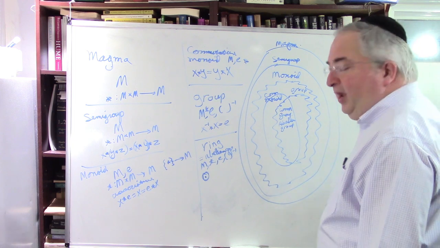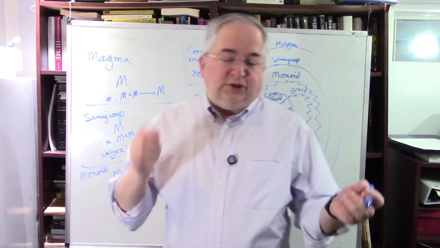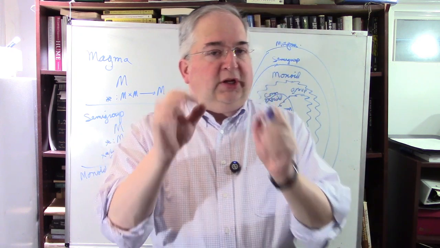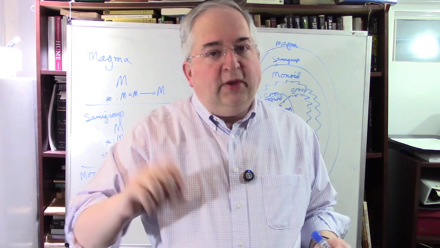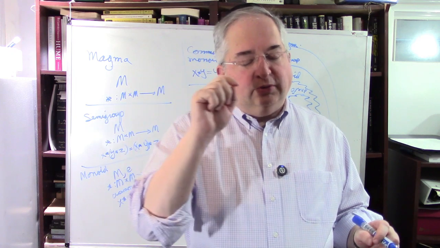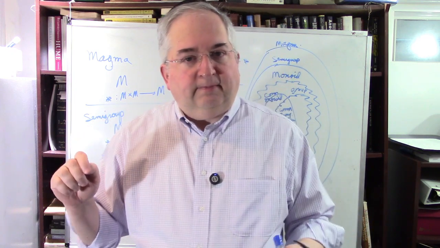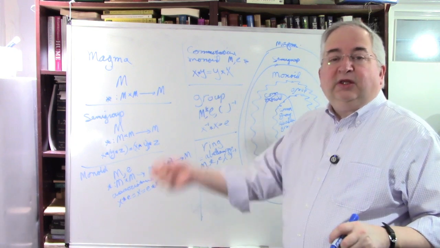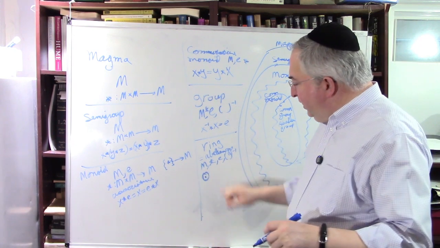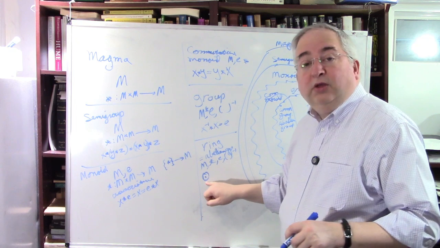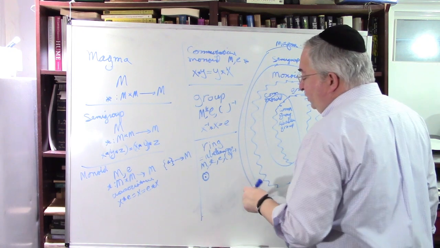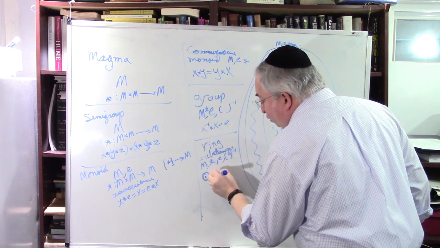But it also has another unit. Just think of the natural numbers. You have addition and subtraction, and the unit for that is 0. X plus 0 is equal to x. But now a ring deals with two operations, not just star, but the circle with a dot in it. And this also has a unit, and we're going to call that u.